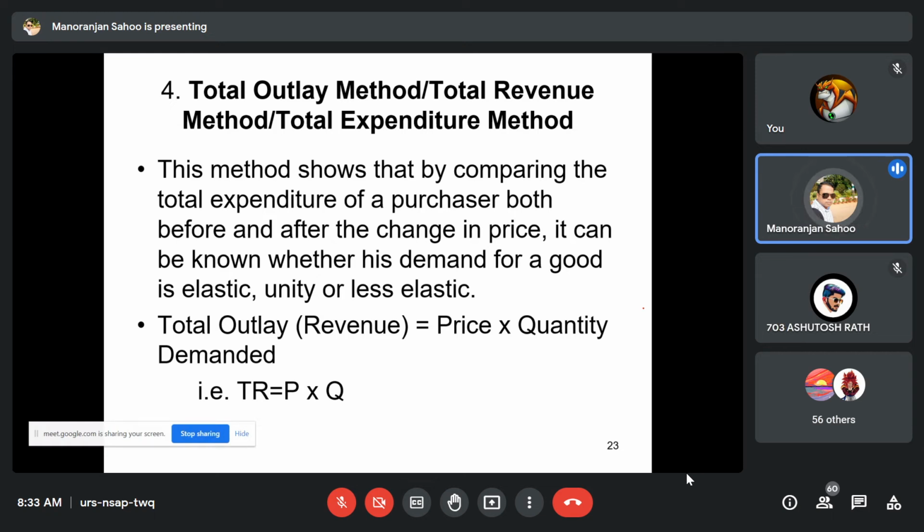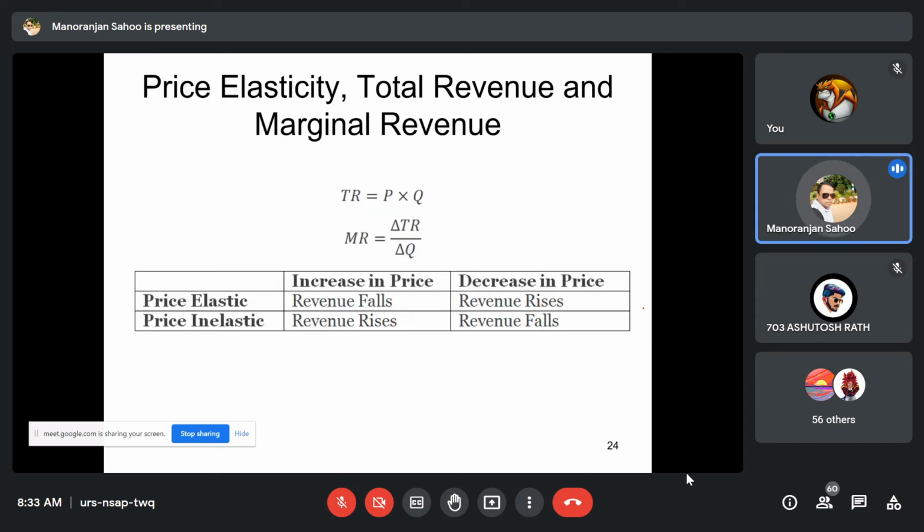Suppose the price of the product is 10 rupees and the seller is able to sell 10 units, then his total revenue will be equal to 10 into 10, which is 100, and the marginal revenue will be equal to the change in the total revenue divided by the change in the units of output.